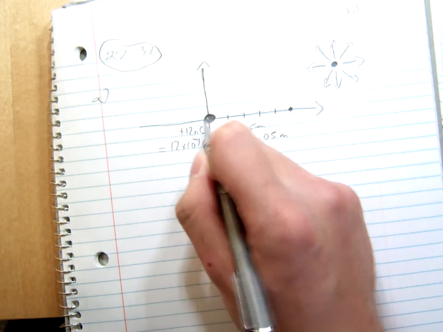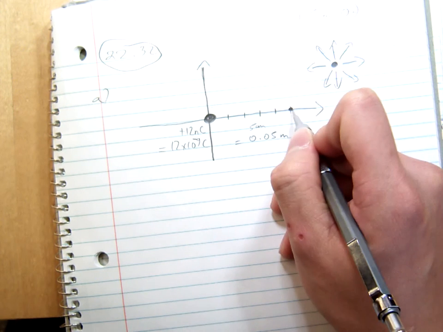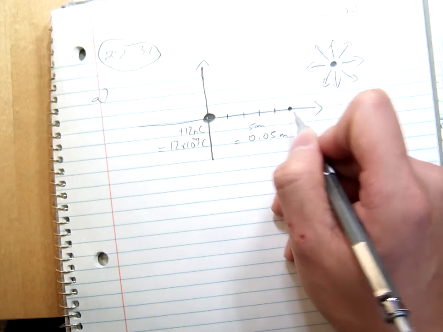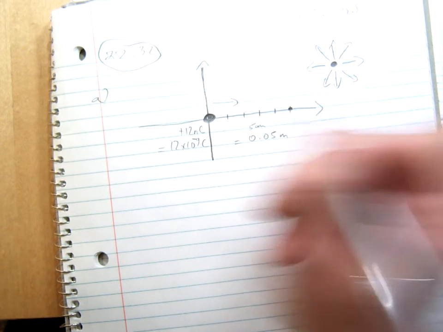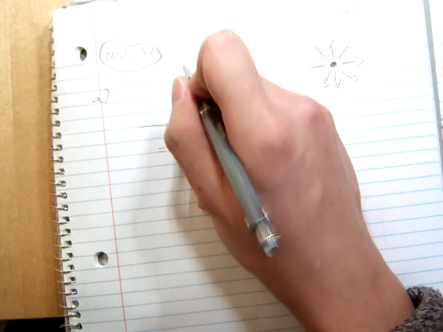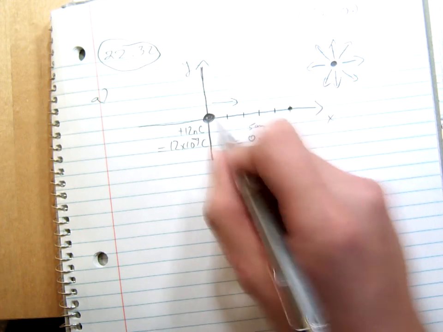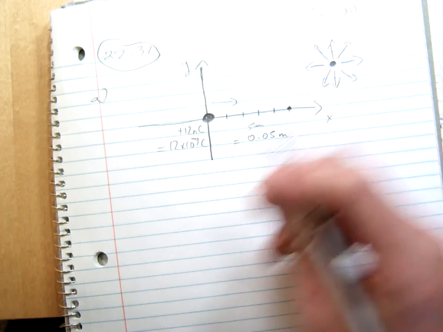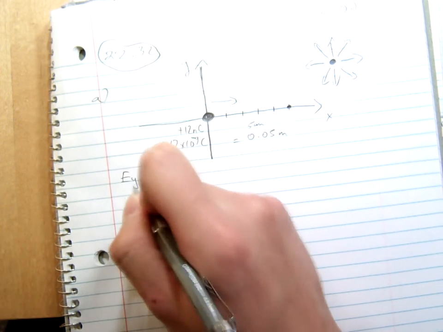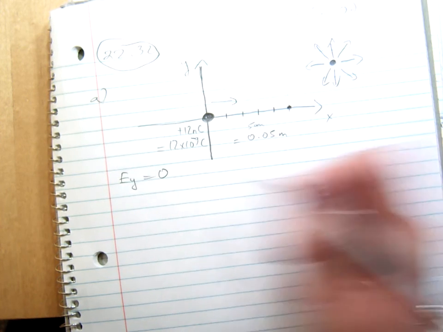So looking at this picture, at the point 5 centimeters away from the origin, the electric field is to the right along the x-axis. Since there are no component vectors in y, E_y is 0, because the distance in y is 0.